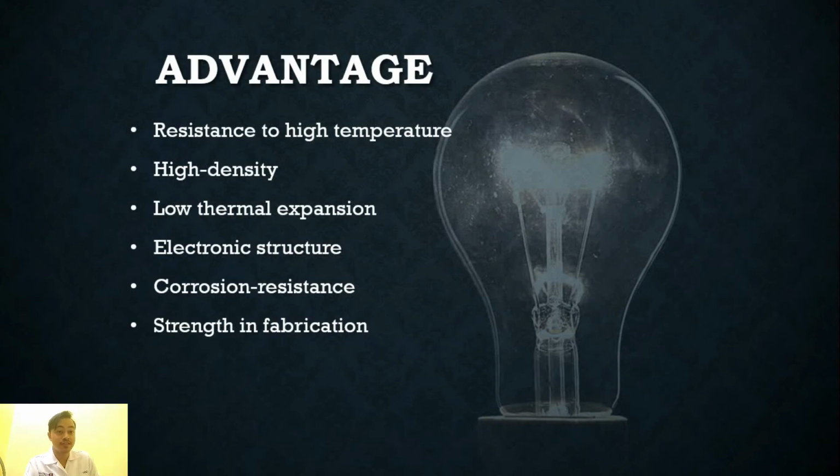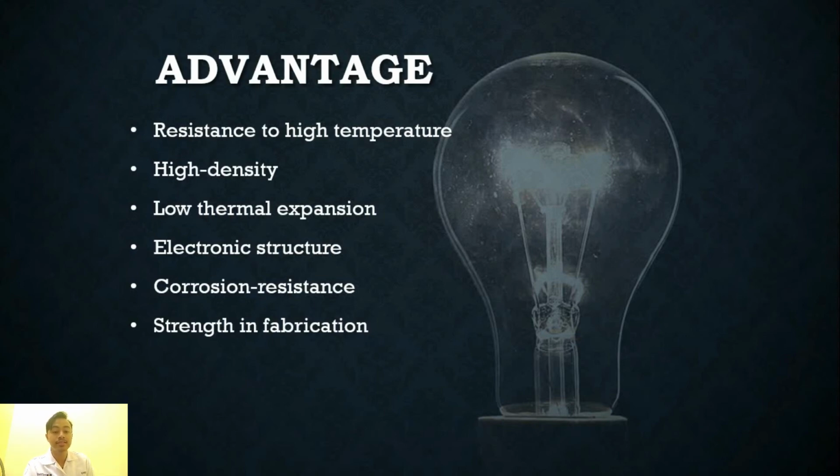For the advantage of electronic structure, as I said before in the applications, the electronics and electrical industry use tungsten a lot. For example, they use it as the interconnect material in integrated circuits, and also as the main source for X-ray targets.